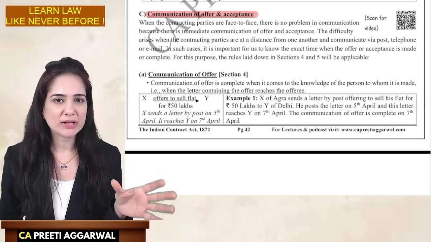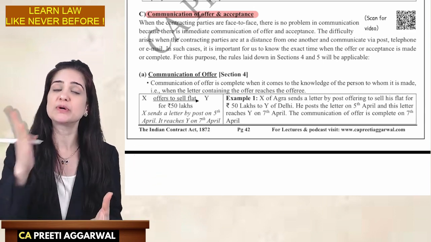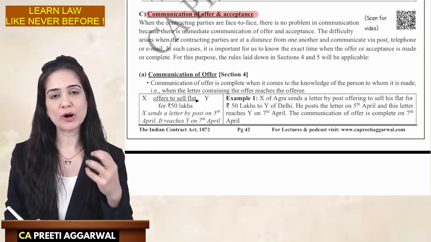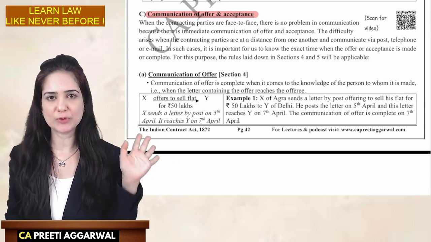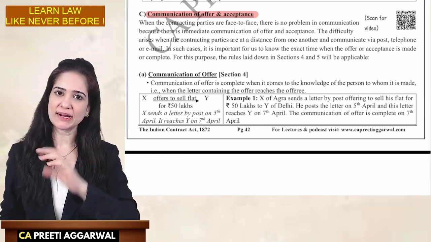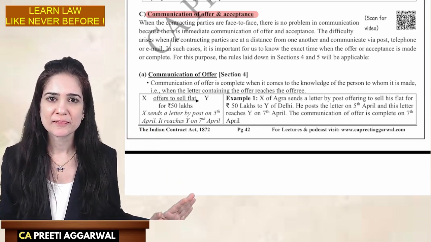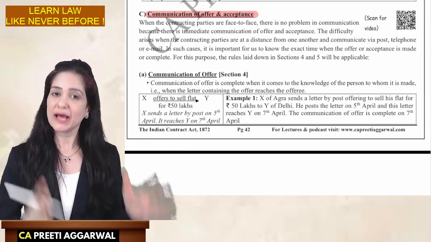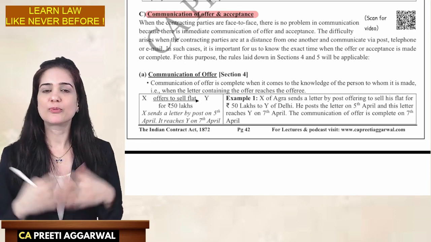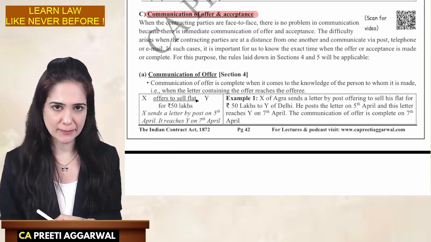Because there is a gap in communication, we need rules which will tell us when the offer is communicated. By what date can we say that the offer is communicated? When can we assume that acceptance is communicated and a contract is entered? So we need rules which will help us determine when parties are bound, when the contract is entered by them.